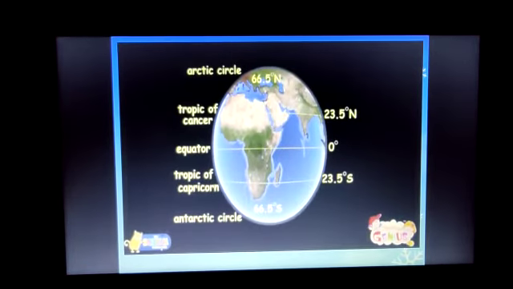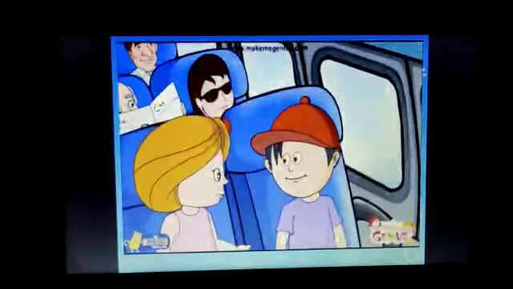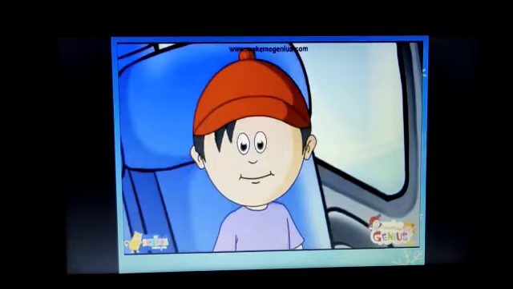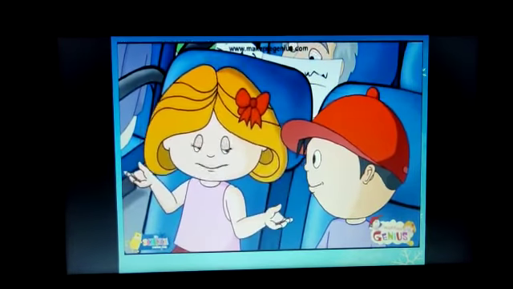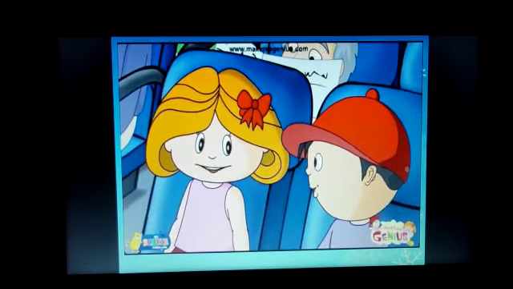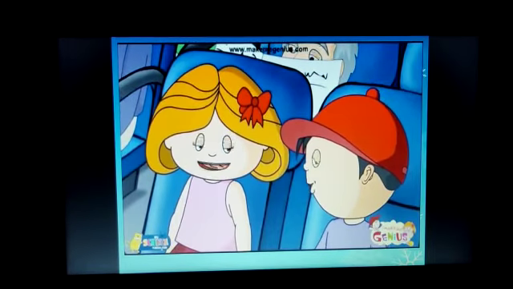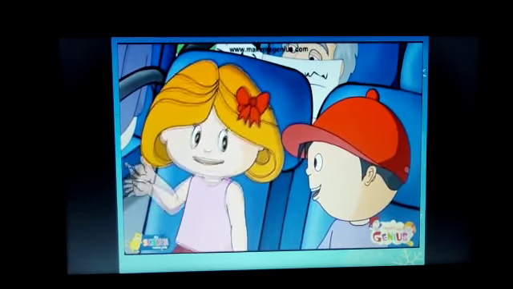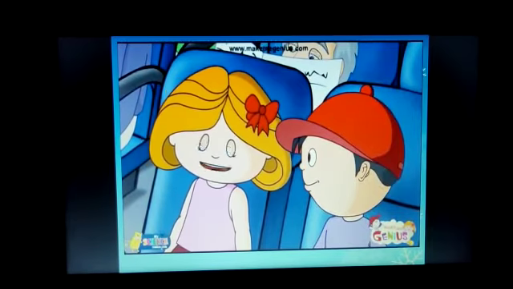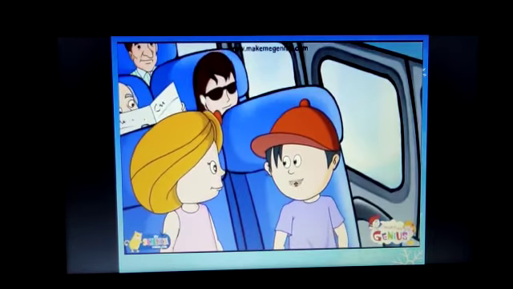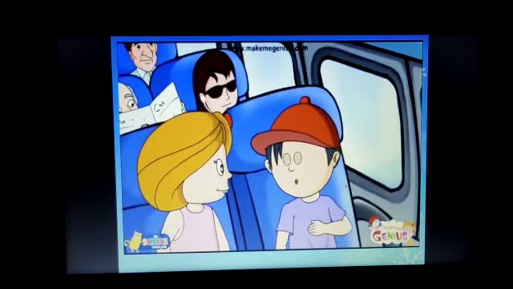You are a fast learner. I will tell you an interesting fact. Wow! The regions of Earth in between the Tropic of Cancer and Tropic of Capricorn are called tropics, and are known for hot temperatures and dense forests. So now I know where to go if I want to live in a forest.